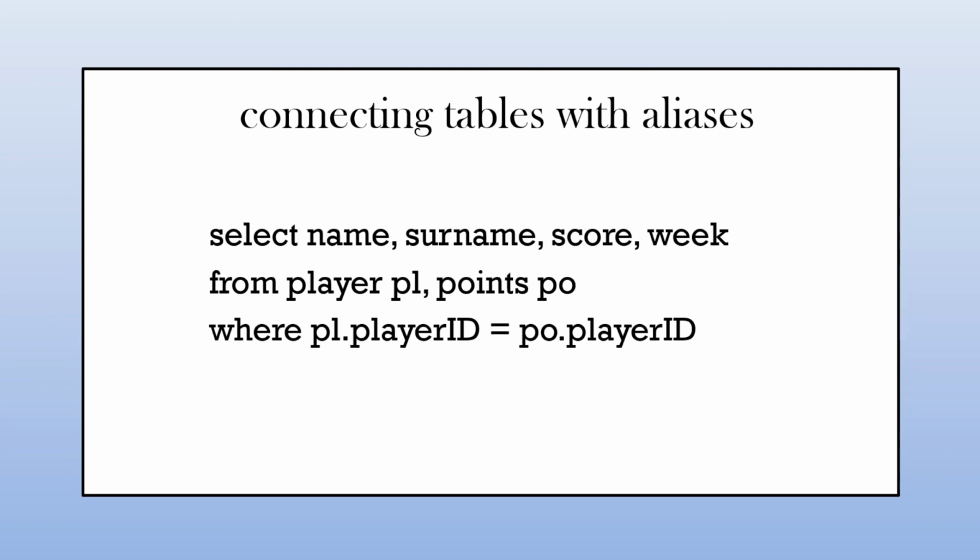And here the table player we use an alias PL, and the table points we use the alias PO. That means in the WHERE we know which is the primary key and which one is the foreign key, by putting the PL or the PO dot before the player ID.